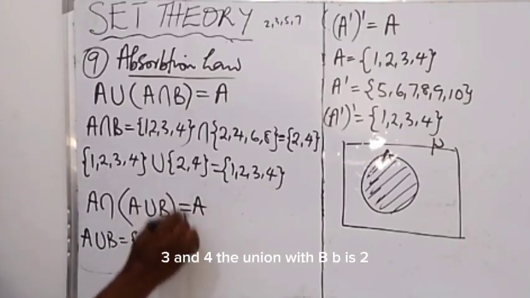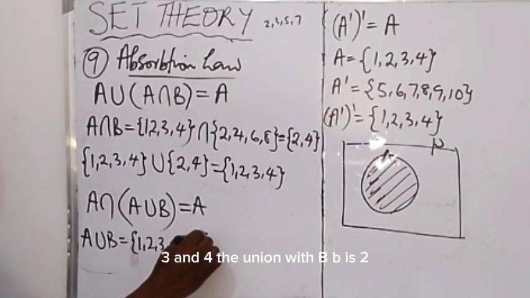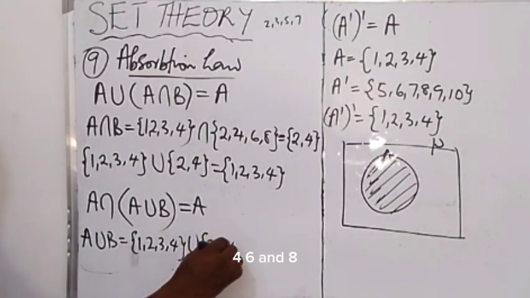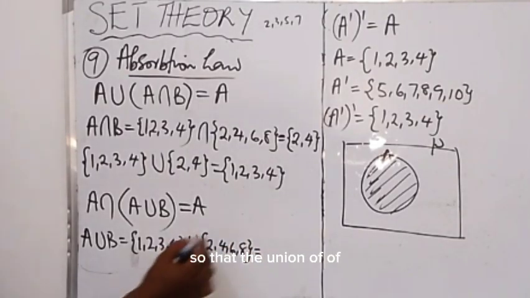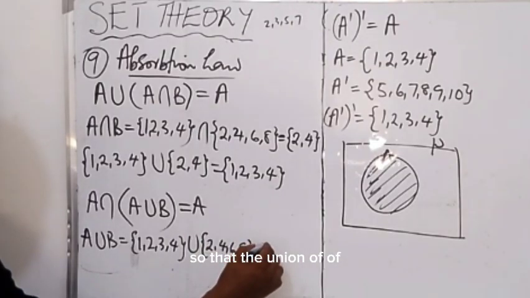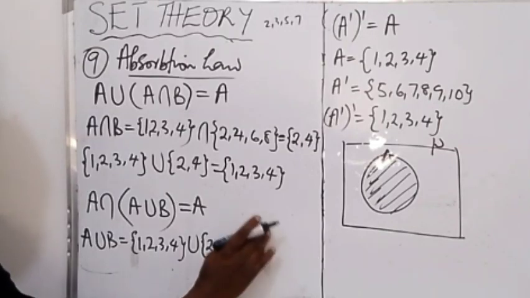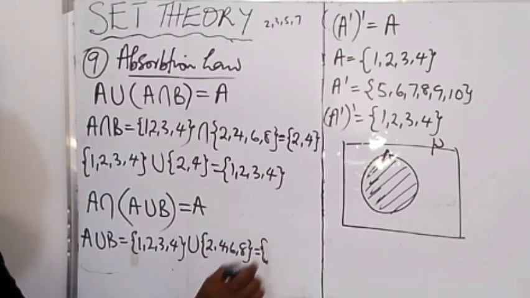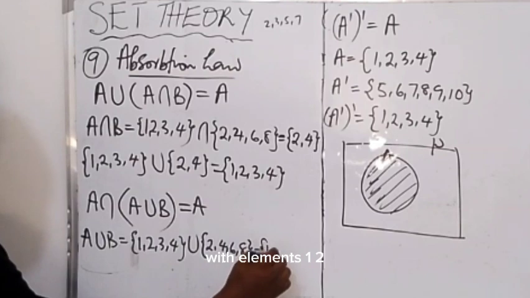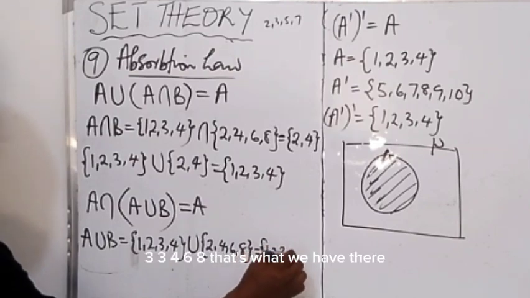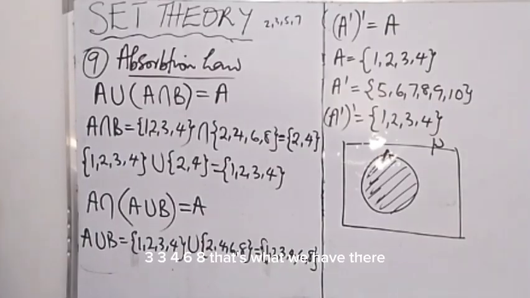The union with B, which is 2, 4, 6, and 8, will give you a set with elements 1, 2, 3, 4, 6, 8. That's what we have there.